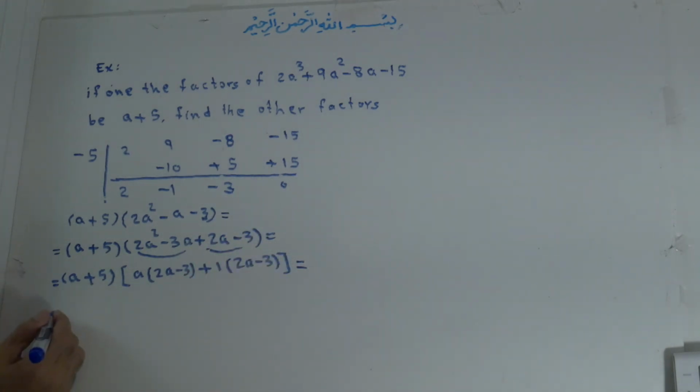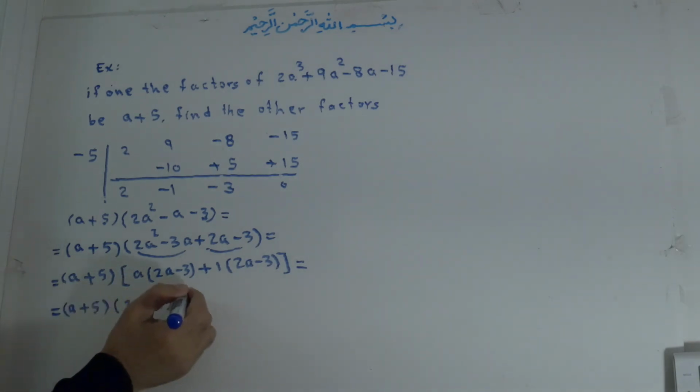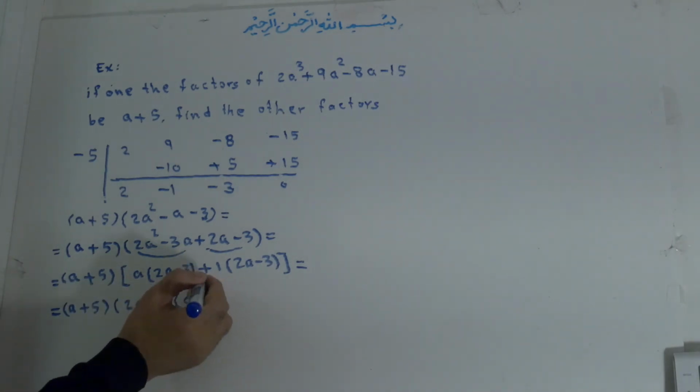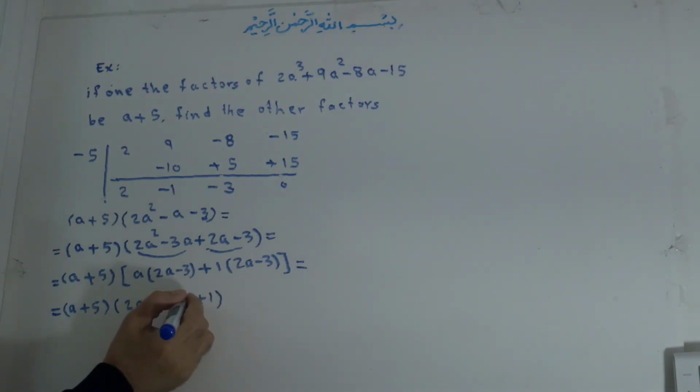Now this is equal to a plus 5 times, in these two terms the common factor is 2a minus 3, 2a minus 3, and what is remaining here? a, and here plus 1. a plus 1.